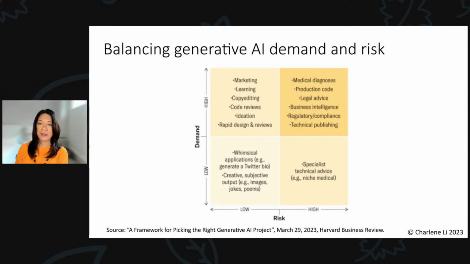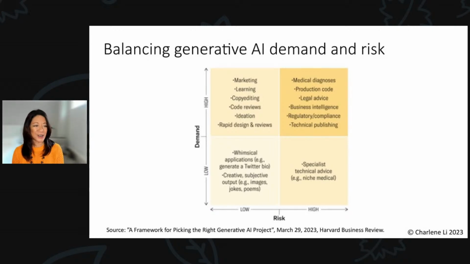And this is just one model of, again, another 2x2. But I thought this is a really good one because it's looking at the demand for a particular generative AI initiative against the risk. And the risk here is, again, multimodal. It could be the regulatory risk, the reputational risk, the risk that you're giving wrong advice.